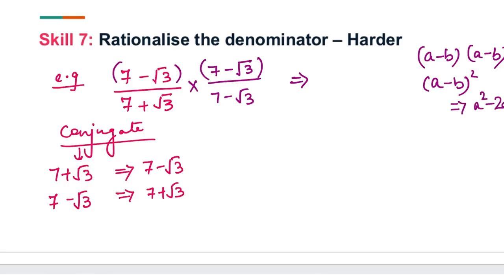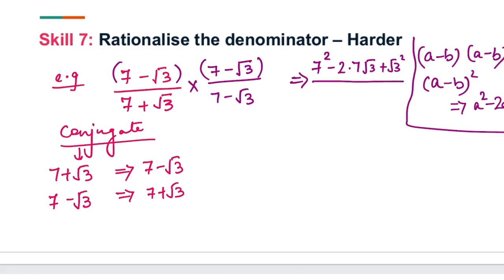Always use identities, it just makes life so easy. So when we use the identity, we will get 7 squared minus 2 times 7 times root 3 plus root 3 squared, over, in the denominator now you have a plus b and a minus b.